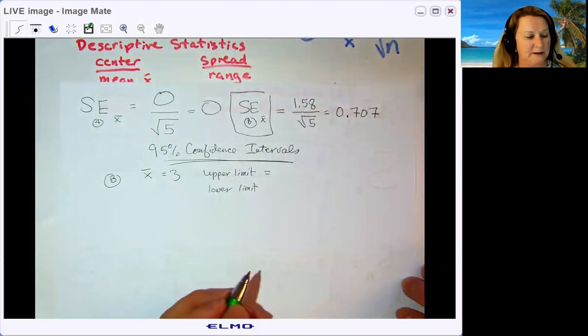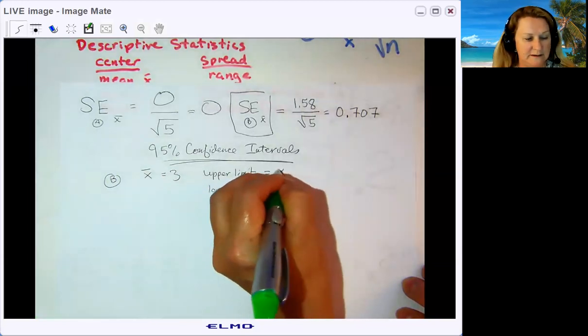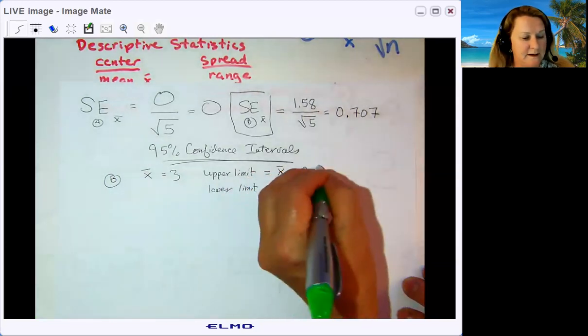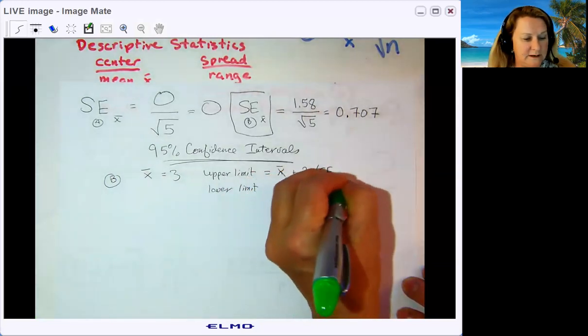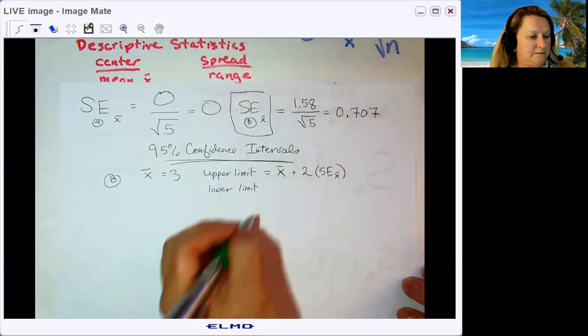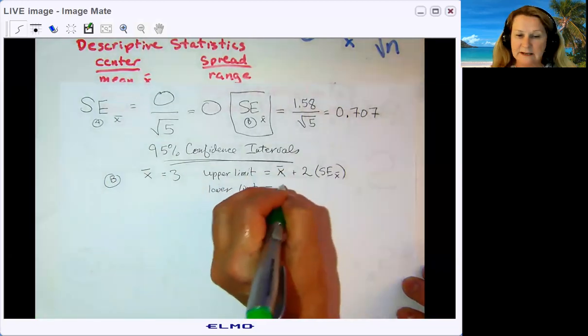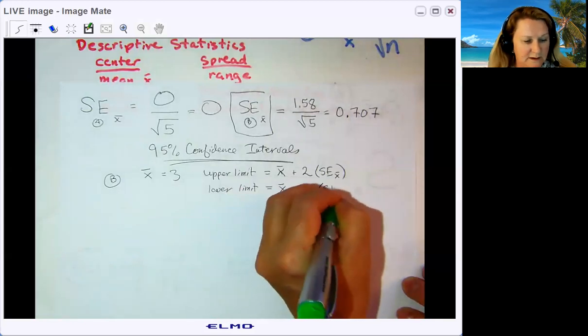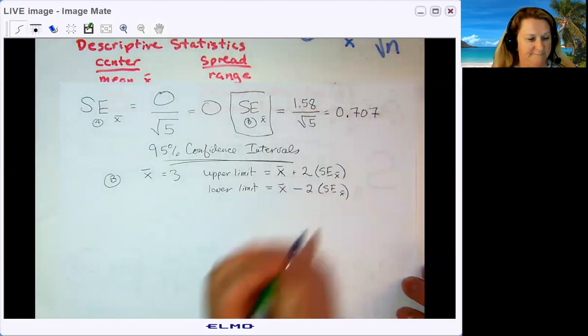To find the upper limit, you start at the mean and you add 2 times the standard error of the mean. To find the lower limit, you start at the mean again, but this time you subtract 2 times the standard error of the mean.